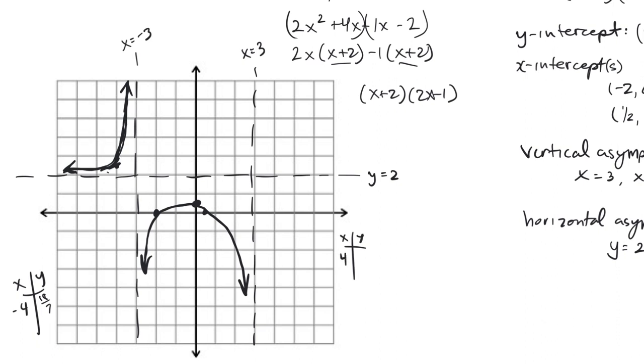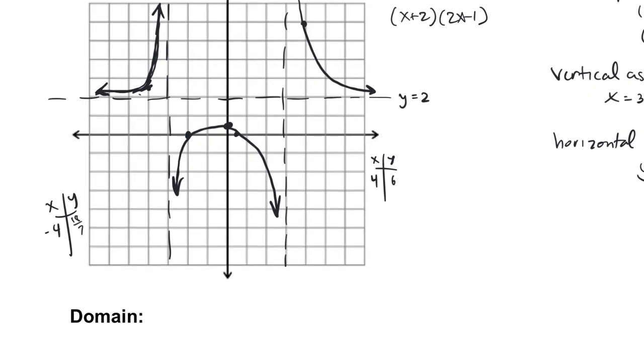Let's plug in x equals positive 4. If you plug in 4, you're going to get 42 over 7, which is 6. So 4 comma 6. So that tells you a piece of the graph is going to look like that.